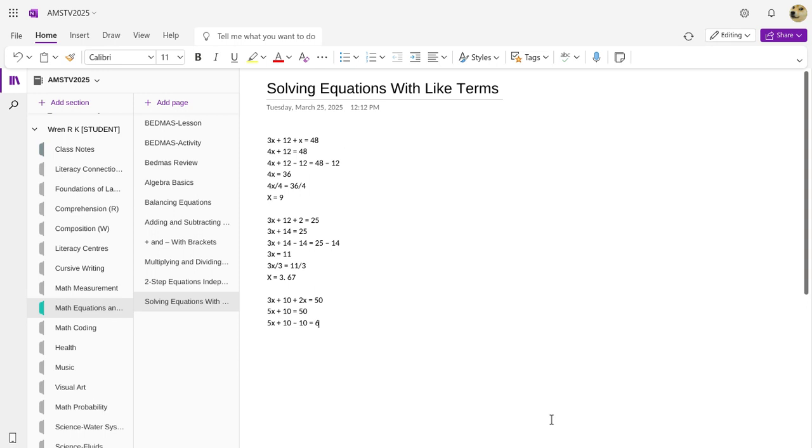What can I get rid of? The tens. So you're left with 5x, and then you're left with 50 take away 10, which is 40. Now what do I have to do? Divide by 5, because that is what's with the x.